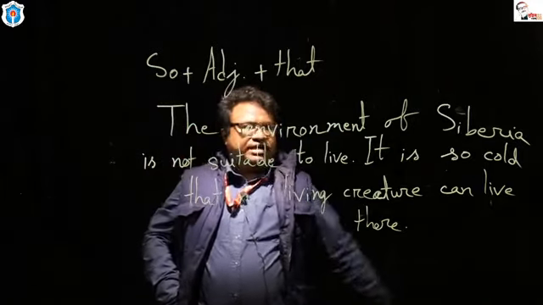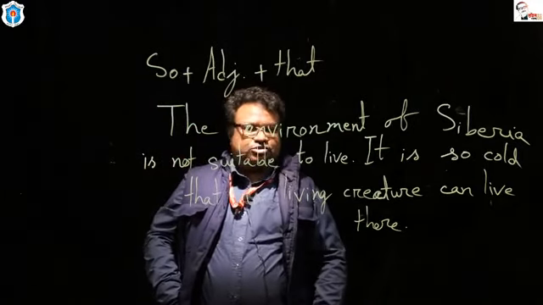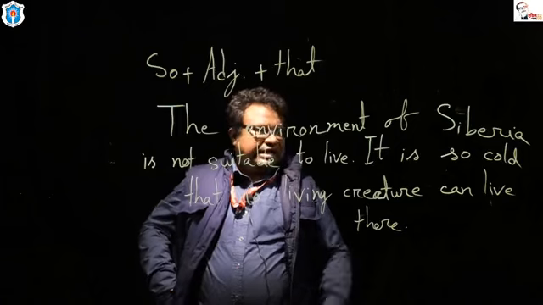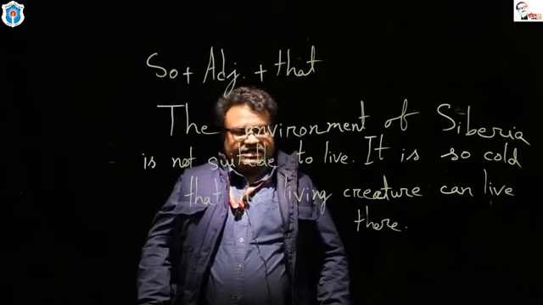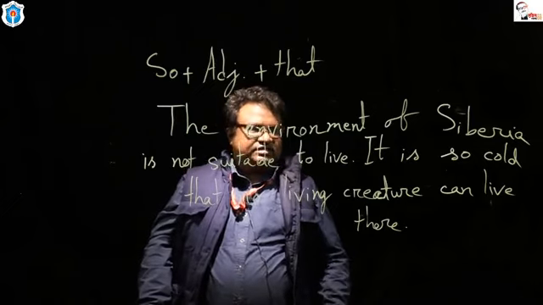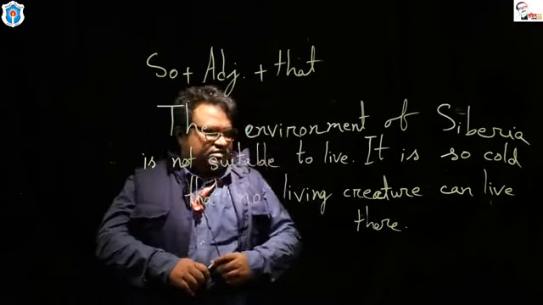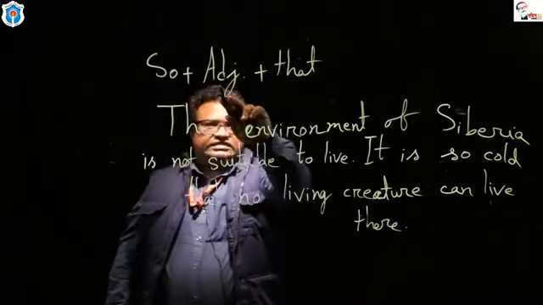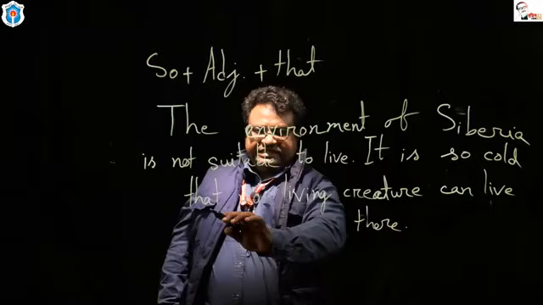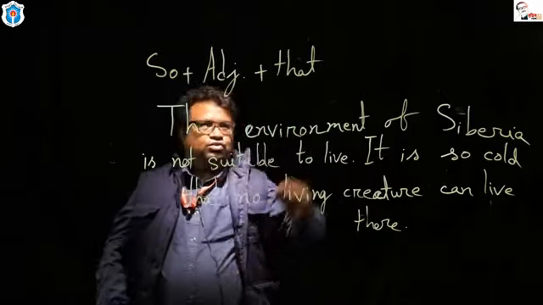The environment of Siberia is not suitable to live. It is so cold that no living creature can live there. So here the structure is so plus adjective plus that. Then what will we do?